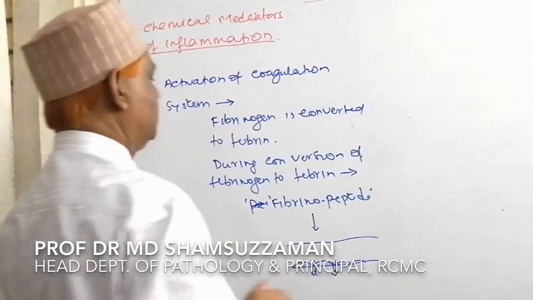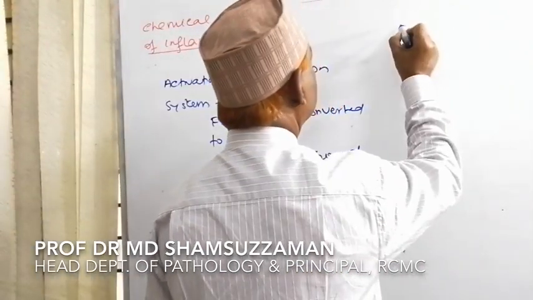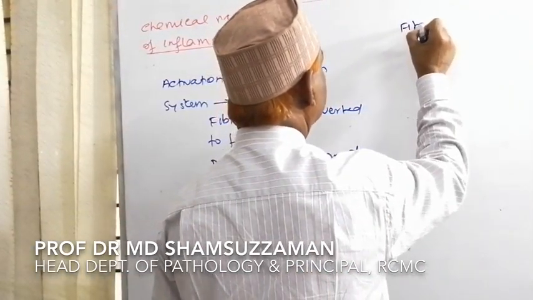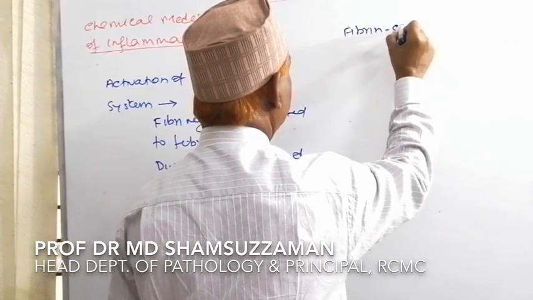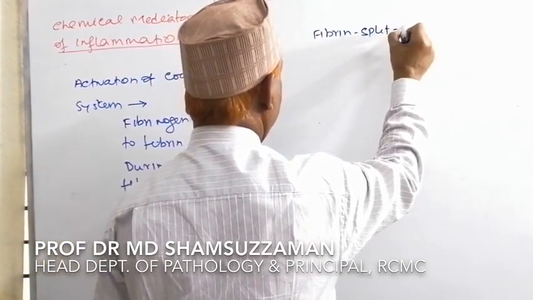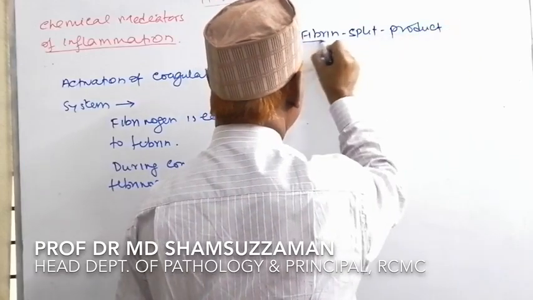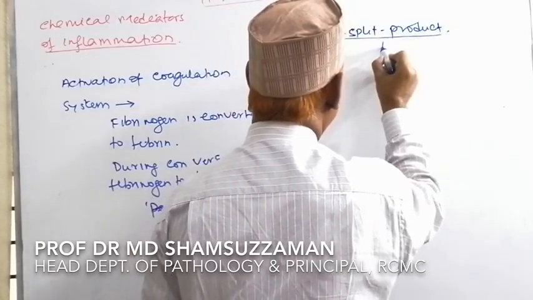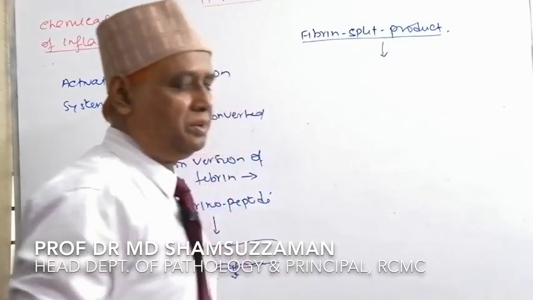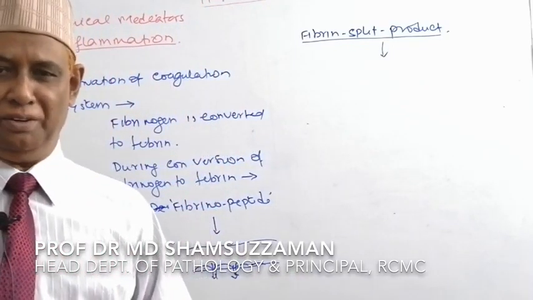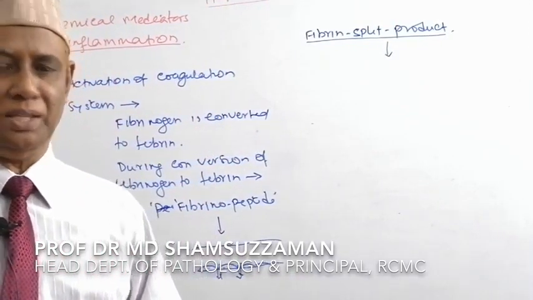Another product, fibrin split product. Fibrin split product is produced during the lysis of fibrin by fibrinolysin.